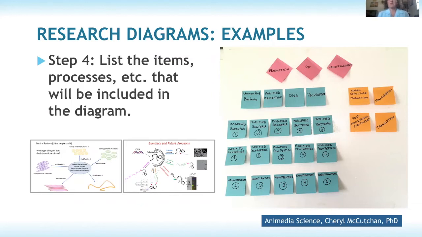So I know in this diagram, blue is all of the things. So I've got unmodified bacteria, modified polypeptides, DNA, just a plain polypeptide. And then over to the right, I've got processes in orange. And then normally I have to add a few more things to this as I go along.